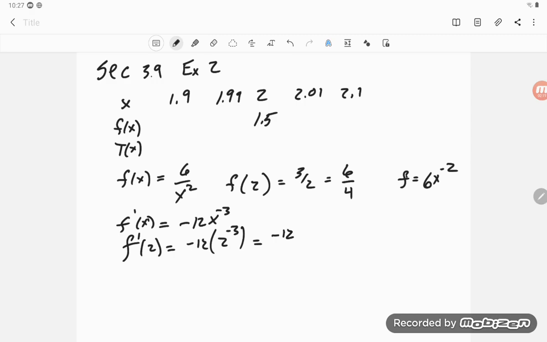So this is negative 12 over 8, or really negative 3/2. That's interesting with 2. Right, because that's 4, yeah, I think negative 3/2.